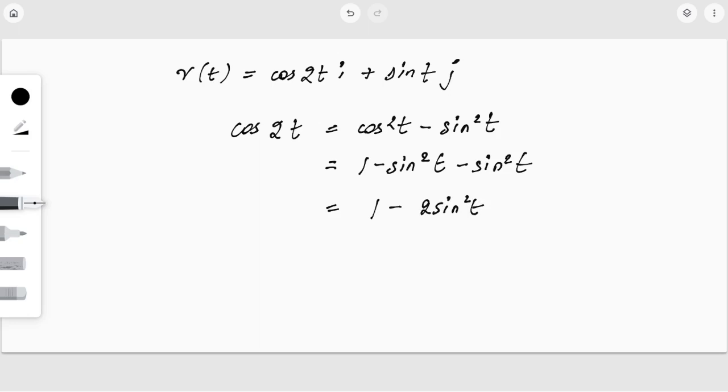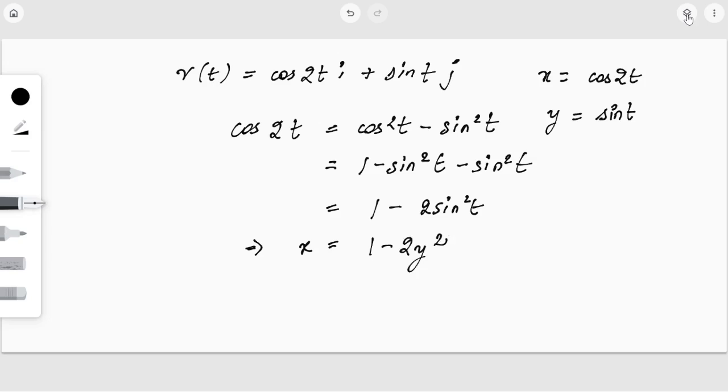Given the vector function, the corresponding parametric equations would be x is equal to cos 2t and y is equal to sin t. Using this, we get x equal to 1 minus 2 y square.